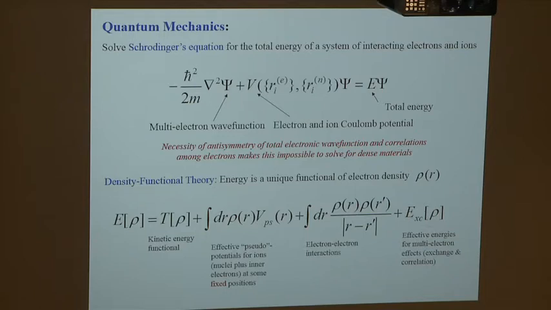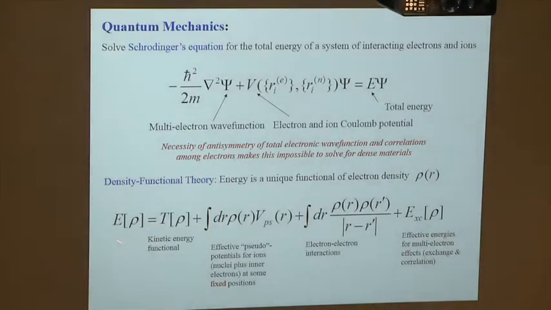Now, fortunately, some very thoughtful physicists figured out that, in fact, you can prove that the energy of the system is a functional only of the total electron density. The electron density, you can think of it like a normal density, and at the moment it doesn't have anything to do with wave functions.